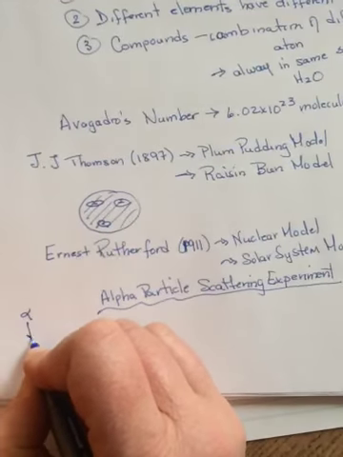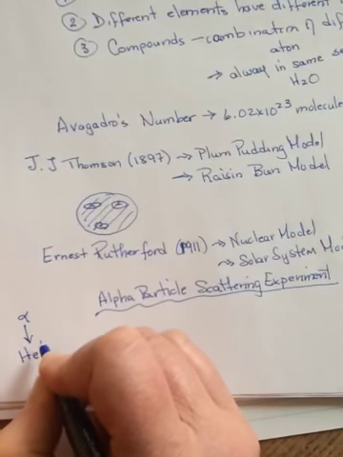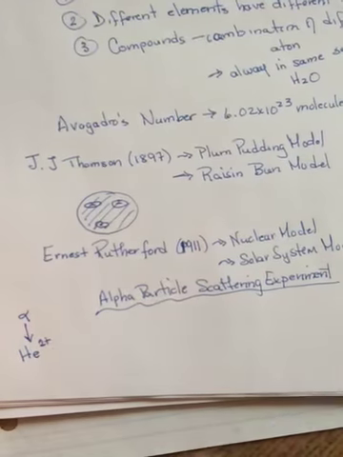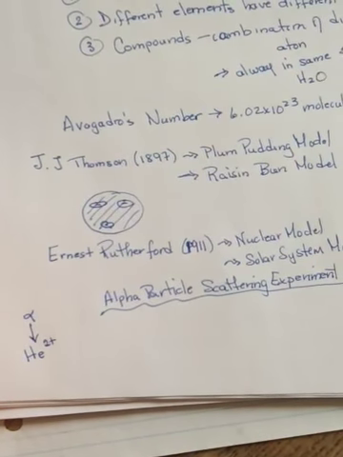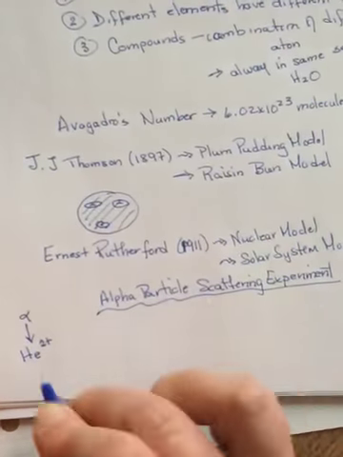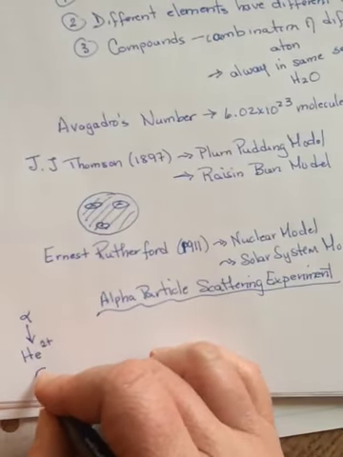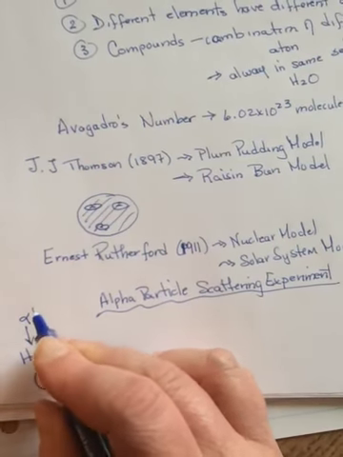Now we know that an alpha particle is actually the nucleus of a helium atom. It's two protons and two neutrons together. So it's not like two protons and two neutrons given off as four separate entities. It is a single entity that has two protons and two neutrons inside of it, which they named an alpha particle.